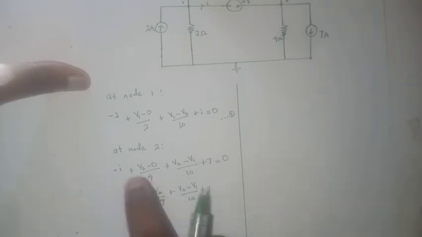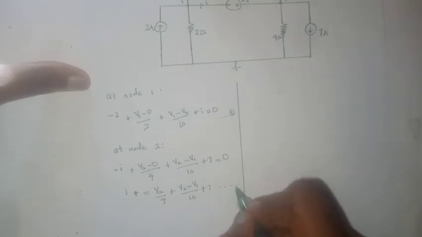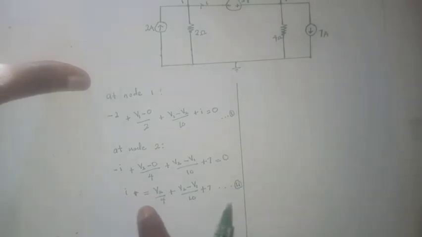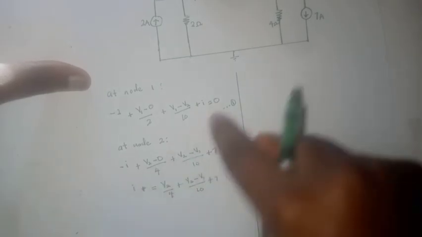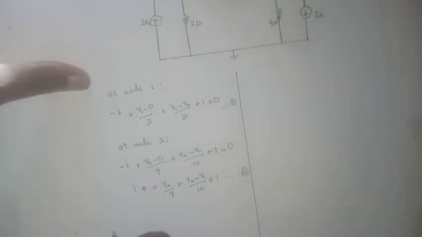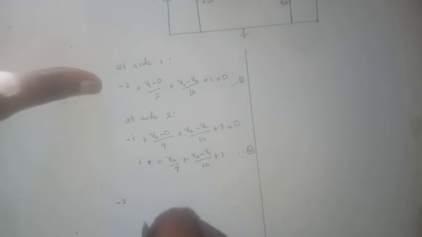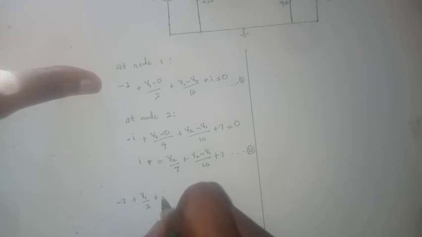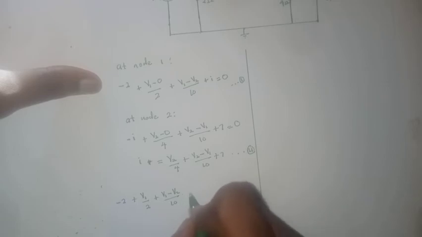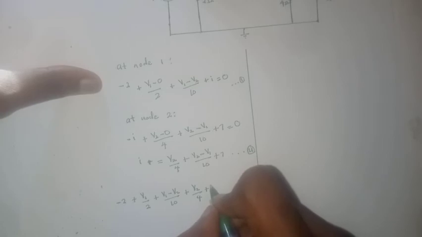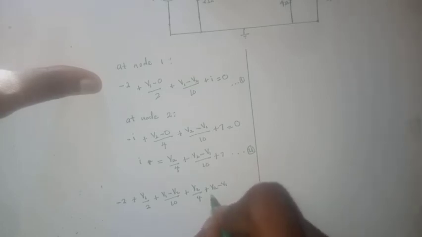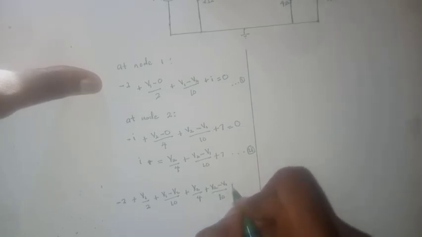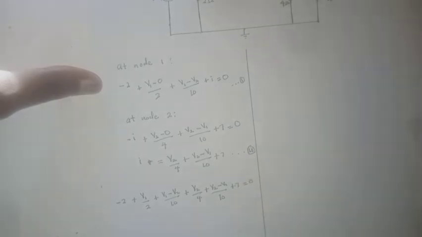If we call this our second equation, we can then substitute equation 2 into equation 1, replacing the value of I. Then we would have minus 2 plus V1 over 2 plus (V1 minus V2) over 10 plus V2 over 4 plus (V2 minus V1) over 10 plus 7 equals 0.